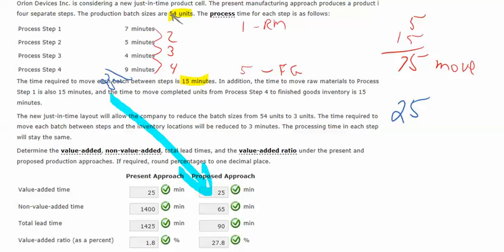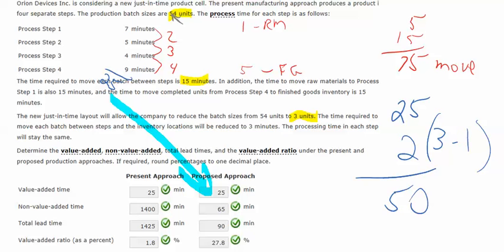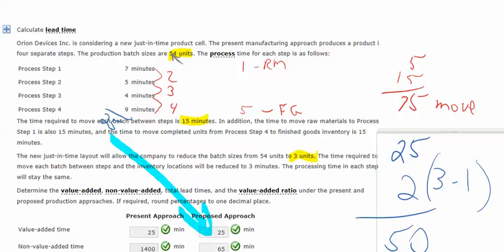The batch size went from 54 down to 3 units. So I have a total of 3 units, one of which I'm working on, so I have 2 that are in the wait state, and that's 50. So I have 50 minutes of waiting, but my move time has significantly reduced because it says the time in each step will stay the same.